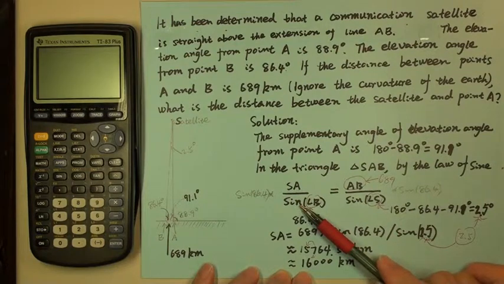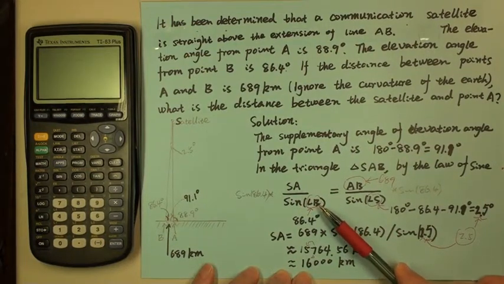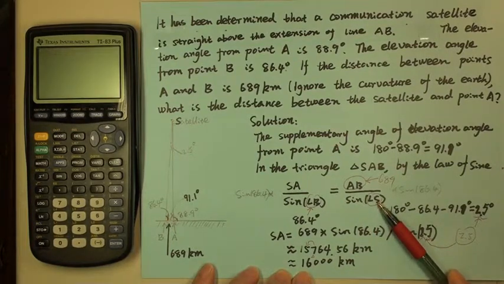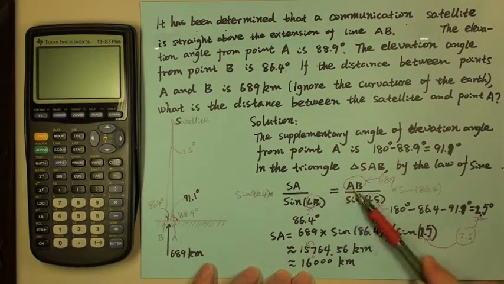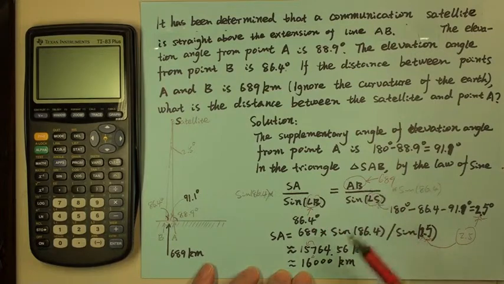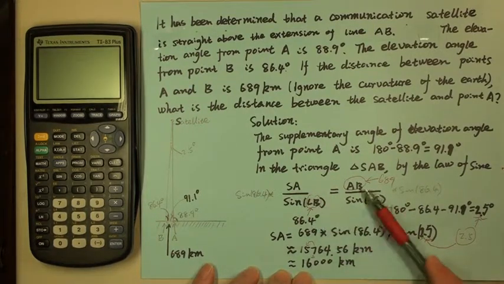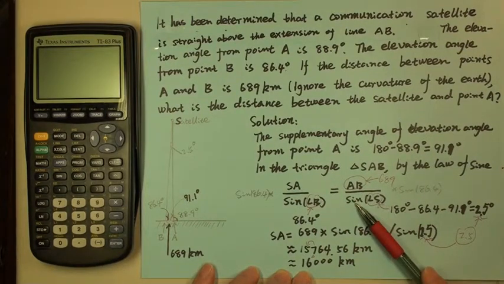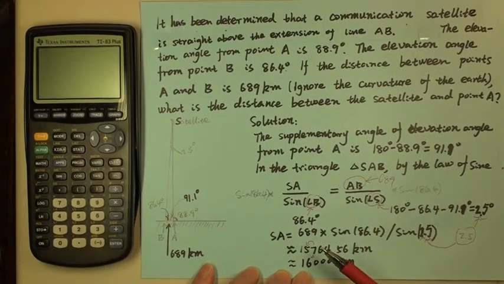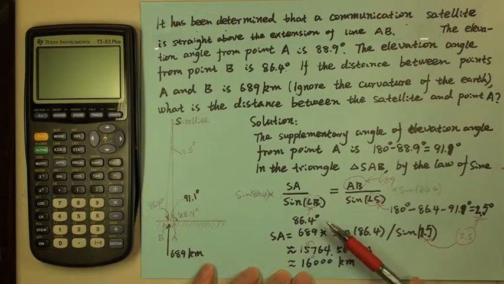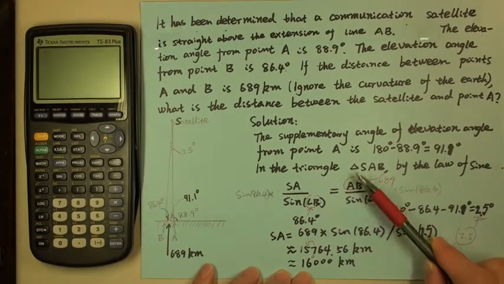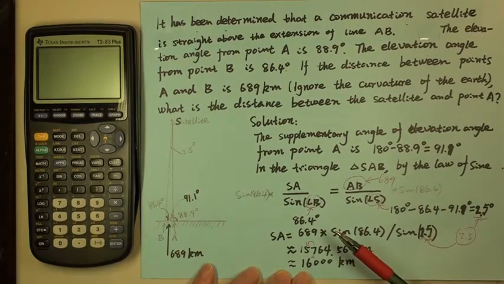I wrote the sine of the angle down below, and above is the length of the side. This is slightly different from the law of sine, but still works, because if you put this angle on the top, then that's the law of sine.